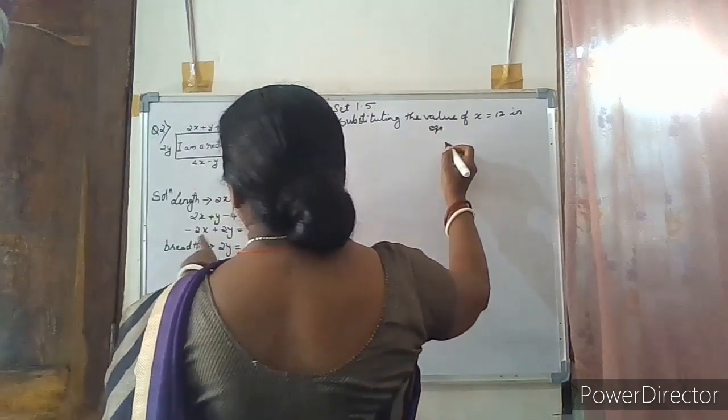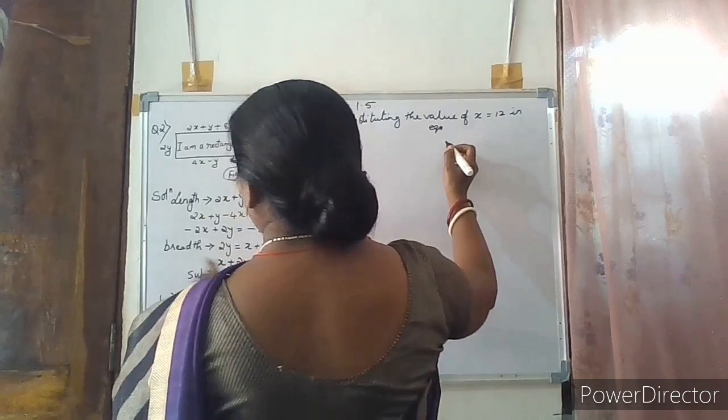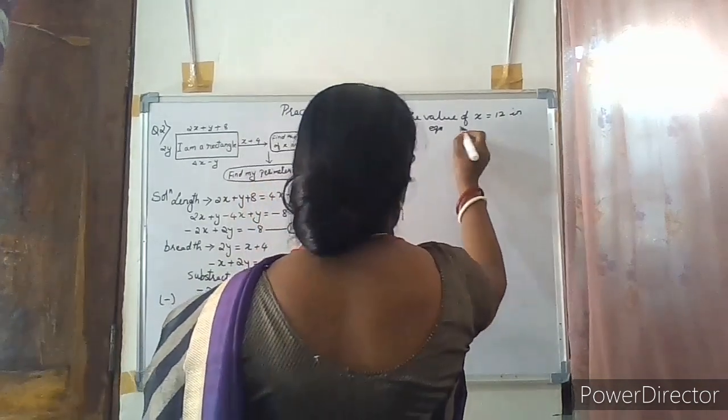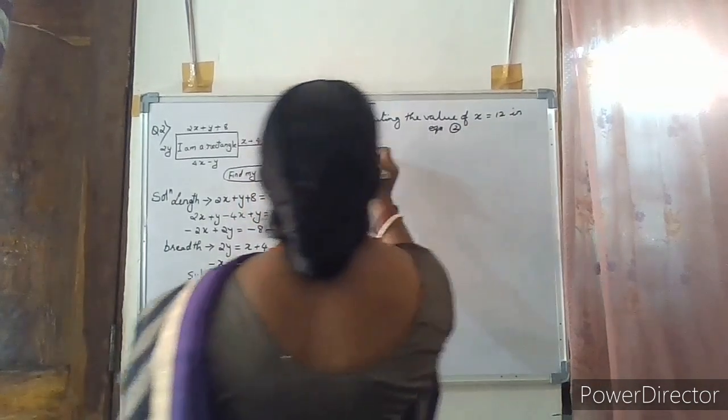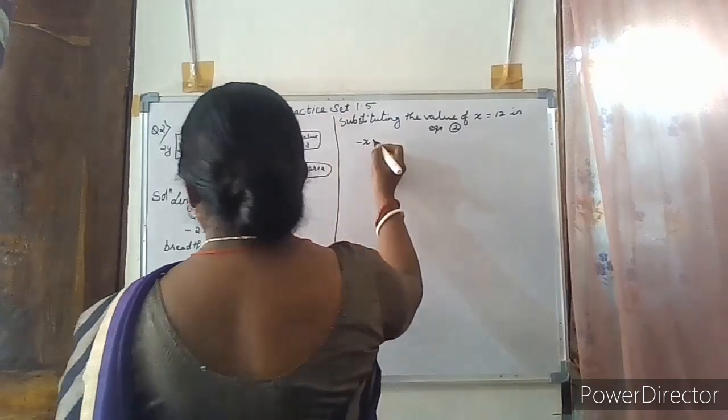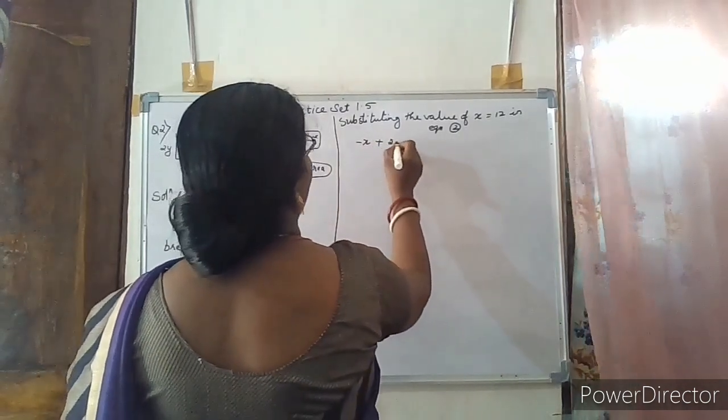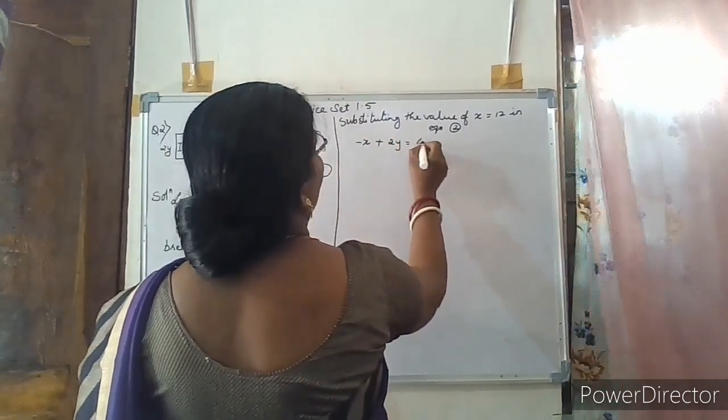Let us take equation 1 or 2, whichever. We can take equation 2: minus x plus 2y is equal to 4.